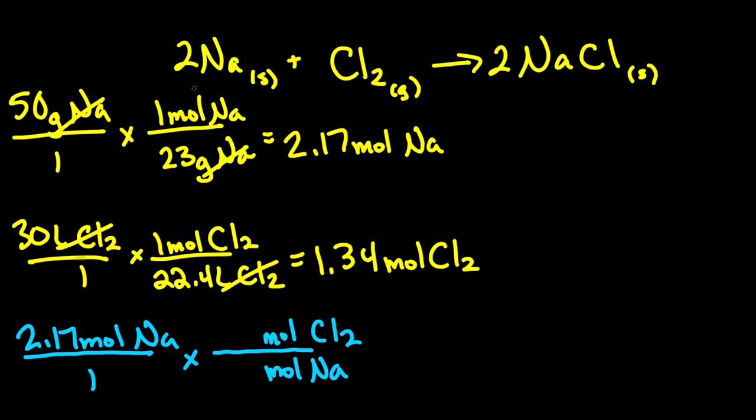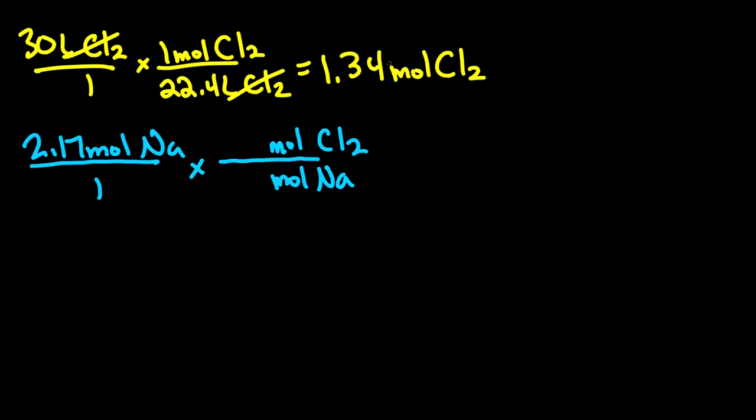I got 2 sodiums for every 1 chlorine. Moles of sodium will cancel. So 2.17 times 1 divided by 2 tells me I need 1.09 moles of chlorine gas. Well, how much do I have?